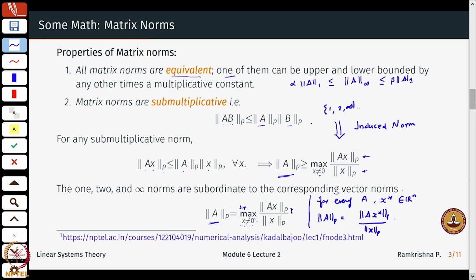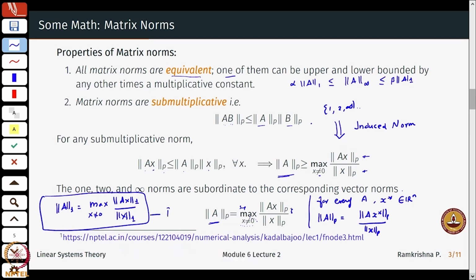Okay. So if I just take the case of the 1 norm, this would be the maximum over x not equal to 0 of ‖Ax‖_1 over ‖x‖_1. This is what I would get when I look at the 1 norm starting from the definition of an induced norm.